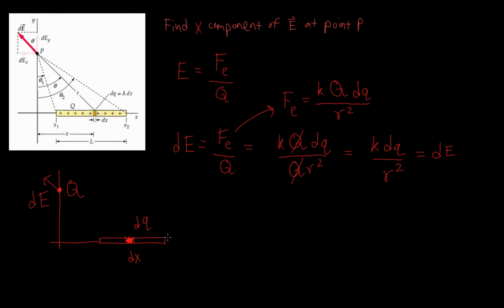In order to find the electric field produced by the entire line charge, we would actually have to break up this segment into really small pieces, and each of those pieces will have a charge of dq.